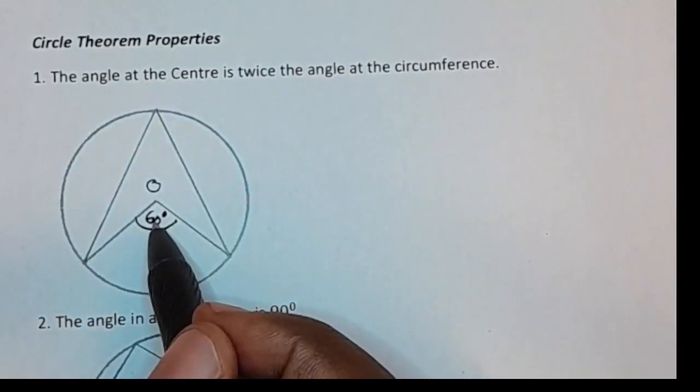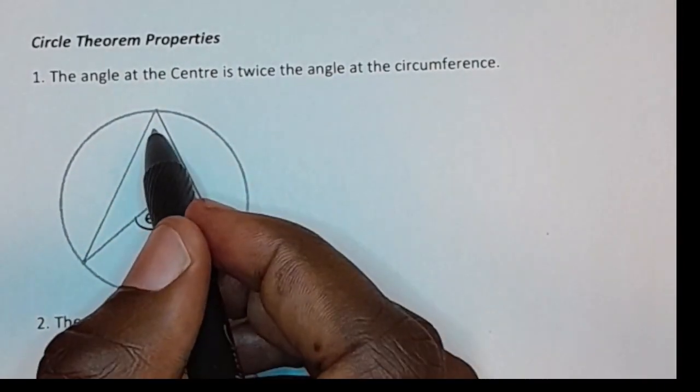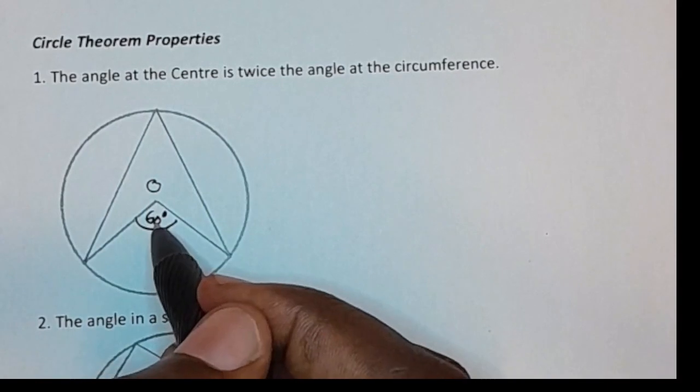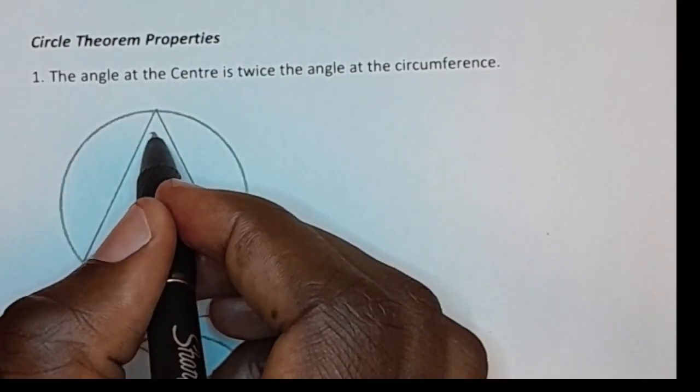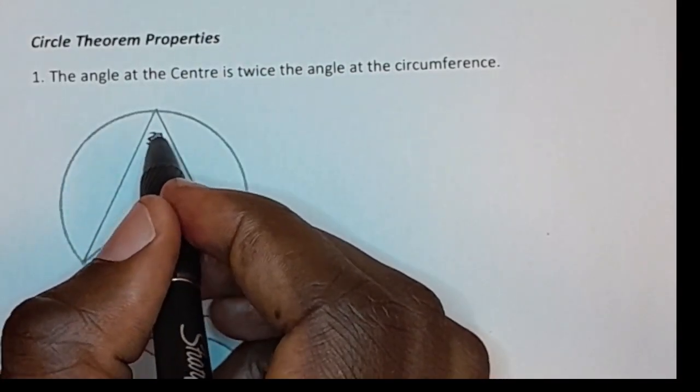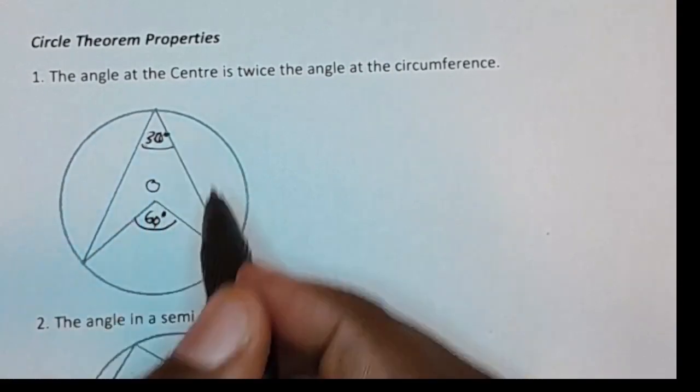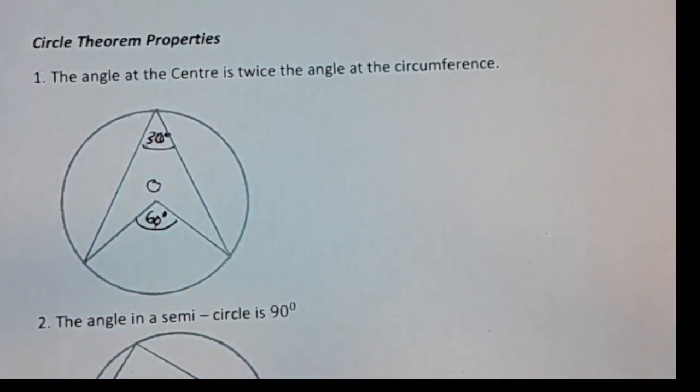So if this is 60 degrees, to find the angle on the circumference, you divide this 60 by 2. So the angle on the circumference will be 30 degrees.